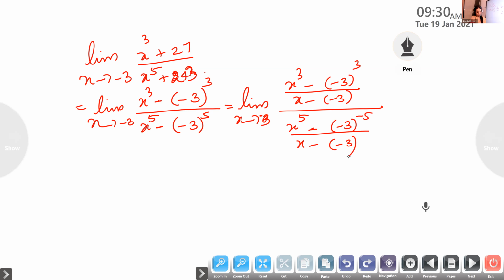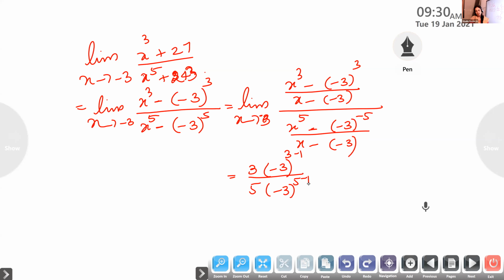So now when you apply this identity, x raised to n minus a raised to n by x minus a, what will be your answer? It is n into a raised to n minus 1. That is, 3 into minus 3 raised to 3 minus 1, by the same way 5 into minus 3 raised to 5 minus 1.